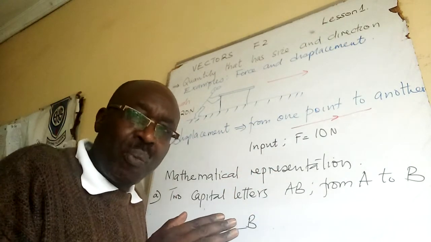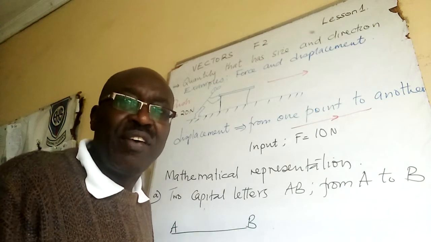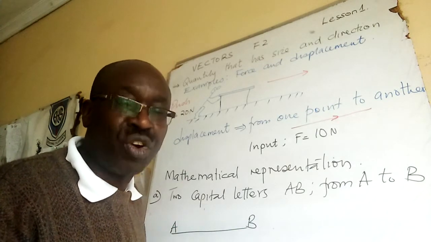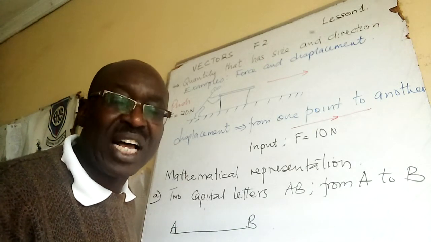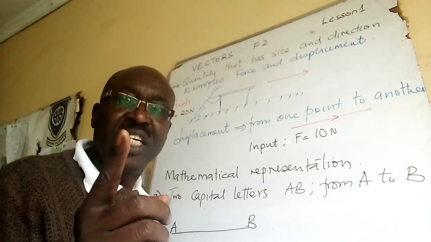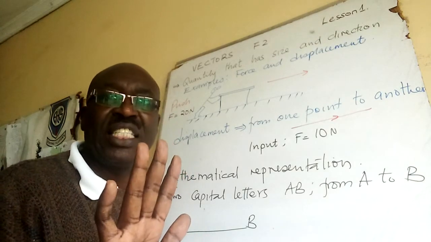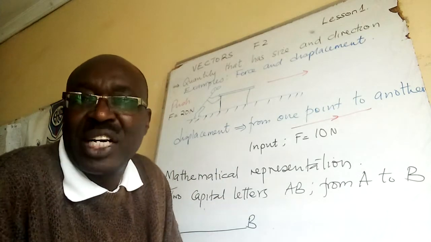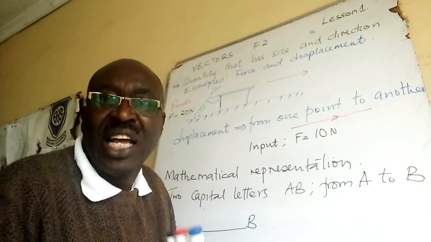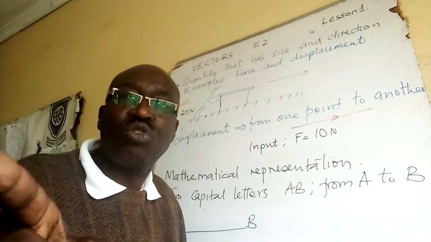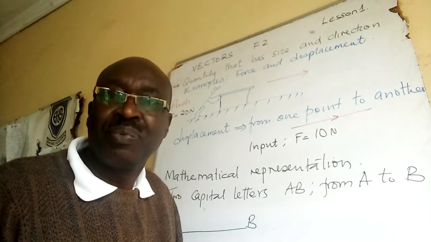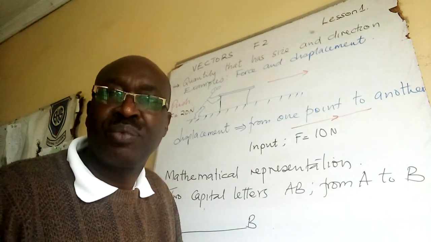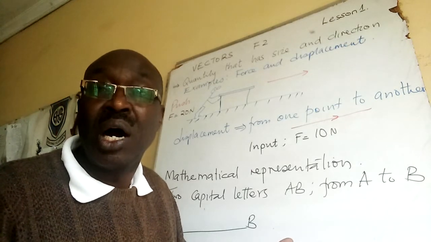But if you go back to form 1, you are given a quantity by contrast, scalar. A scalar quantity is the one which has only size. We don't need direction. It doesn't make sense even if you put direction. Hey boy, go to the market and get me some meat. You will ask me, how much?